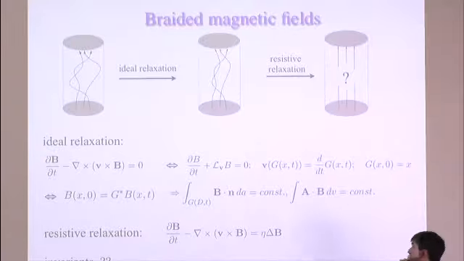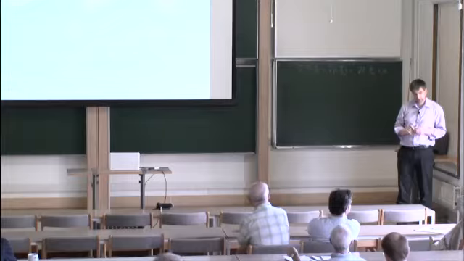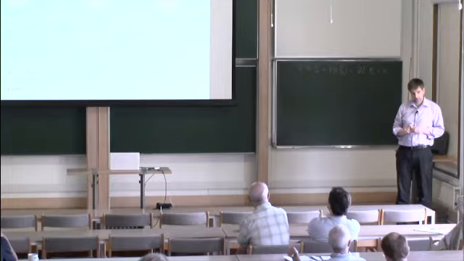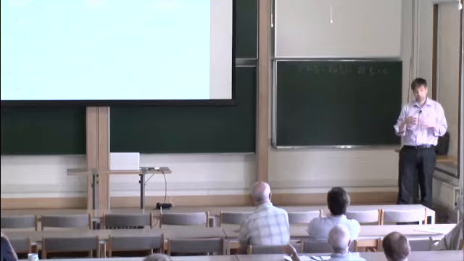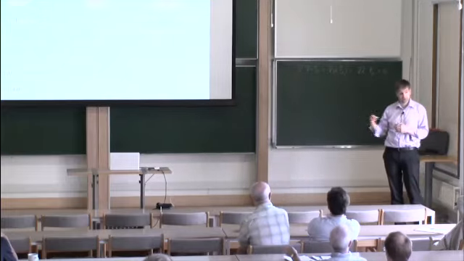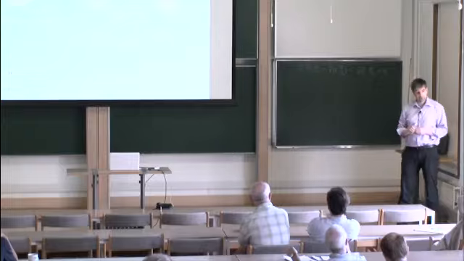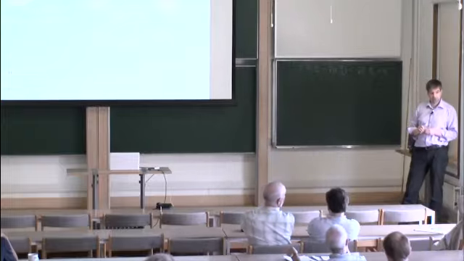How do you conceive of the energy decreasing during this phase? Well, ideal relaxation, the energy is decreasing. Yes. What's the mechanism? It shifts energy from the magnetic field into the kinetic field usually. And then how is it dissipated?